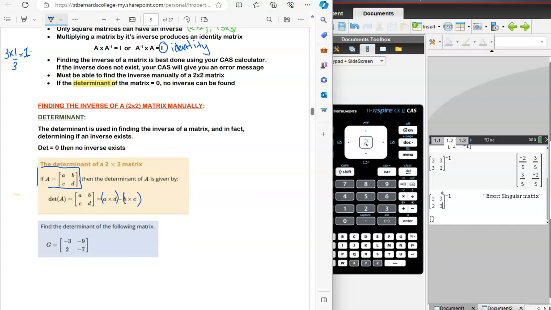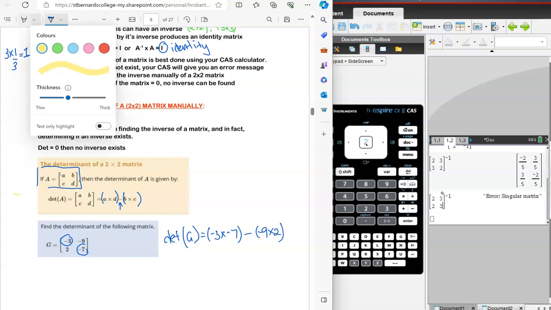So down here with this G, if I was going to find the determinant of G, and we often write it like that, what I'm going to do is this spot multiplied by that, so it'll be -3 multiplied by -7, and then we subtract, because the rule says minus the other spot, -9 times 2.